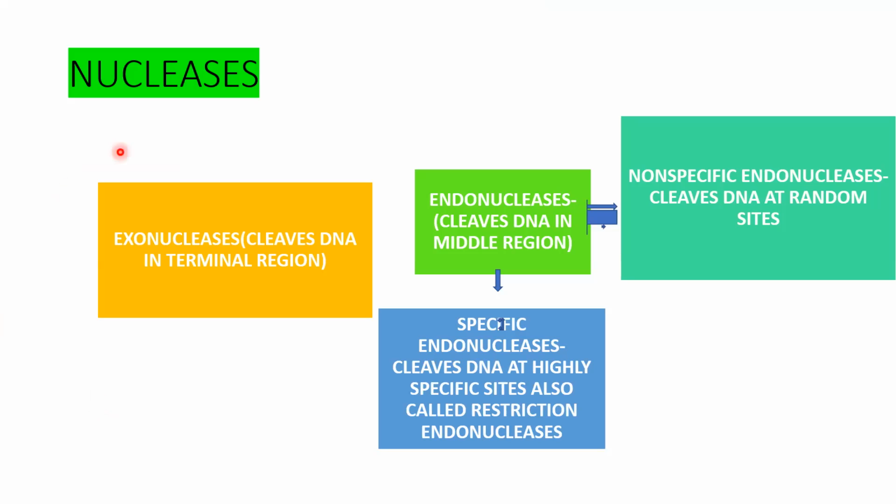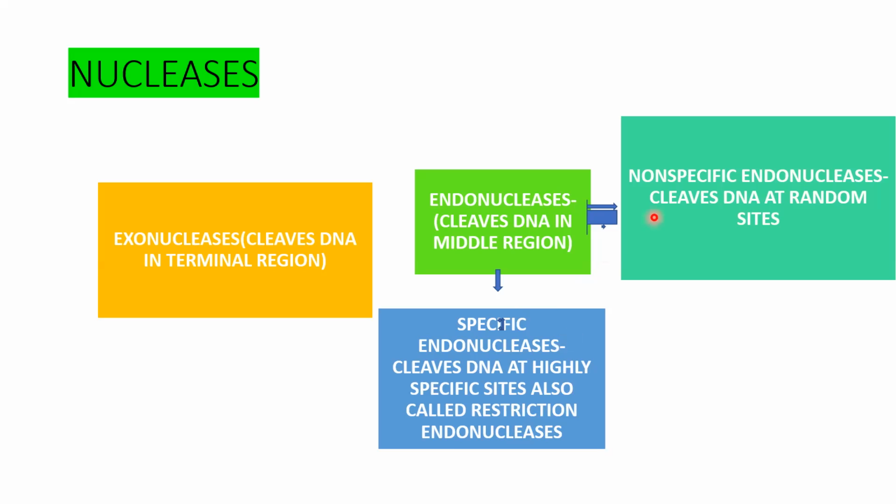Now, nucleases are further classified into various categories. If they cut DNA in the terminal region, they are called exonucleases. And if they cut the DNA in the middle region, they are called endonucleases. Endonucleases, if they act on specific sequences, are called restriction endonucleases. This we will discuss in the second video. So specific endonucleases, which cleave the DNA at specific sequences, are called restriction endonucleases.